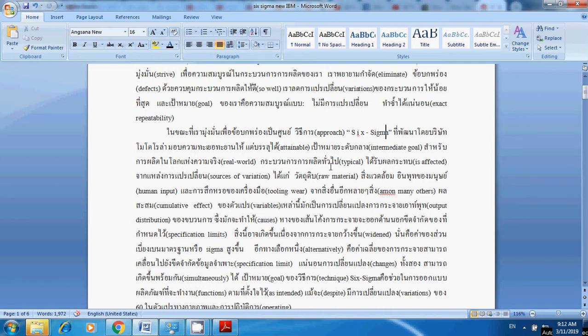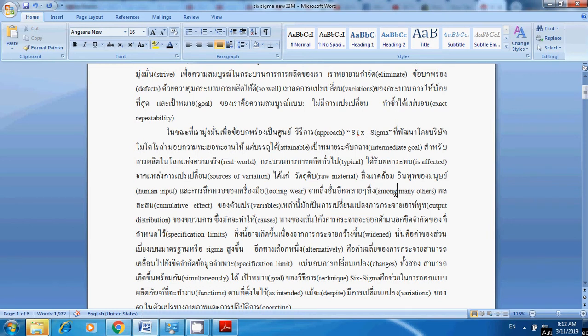A typical production process is affected by sources of variation. For example, we have raw material, environment, human input, and tooling wear, of course, and many other things.